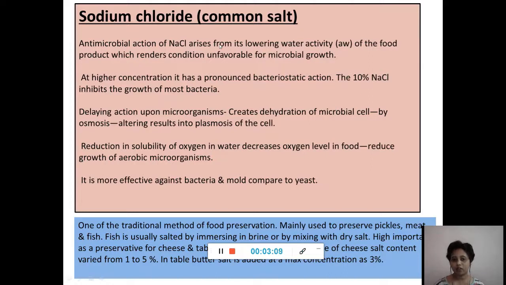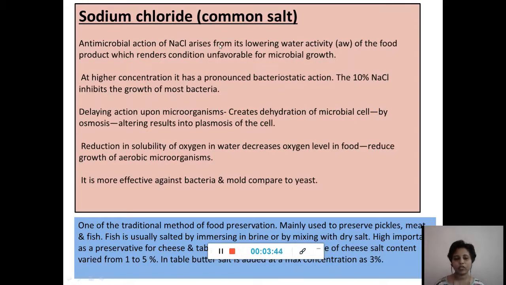At a very high concentration, sodium chloride also has bacteriostatic action, and 10% NaCl will inhibit the growth of most bacteria. It also causes dehydration of the microbial cell by osmosis, resulting in the plasmolysis of the cell, and the cell would get lysed. Then the reduction in the solubility of oxygen in water would decrease the oxygen level in the food and reduce the growth of aerobic microbes.